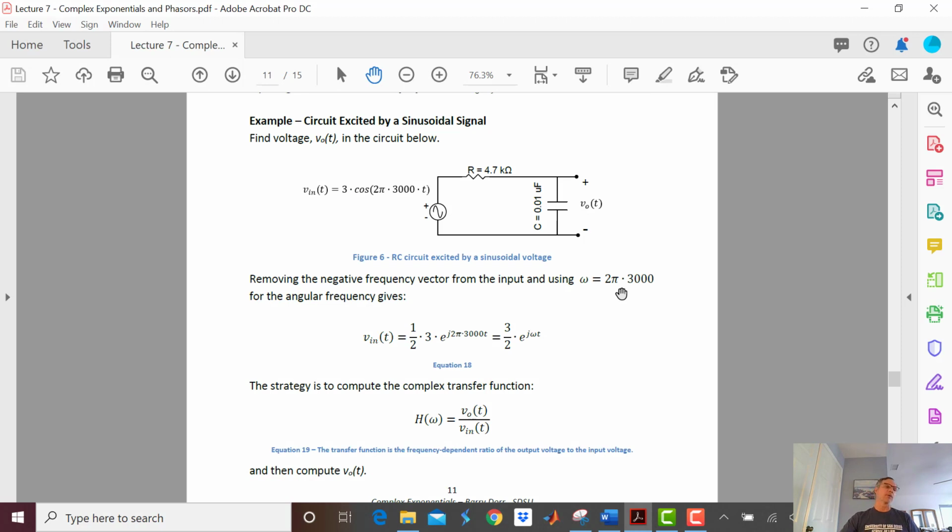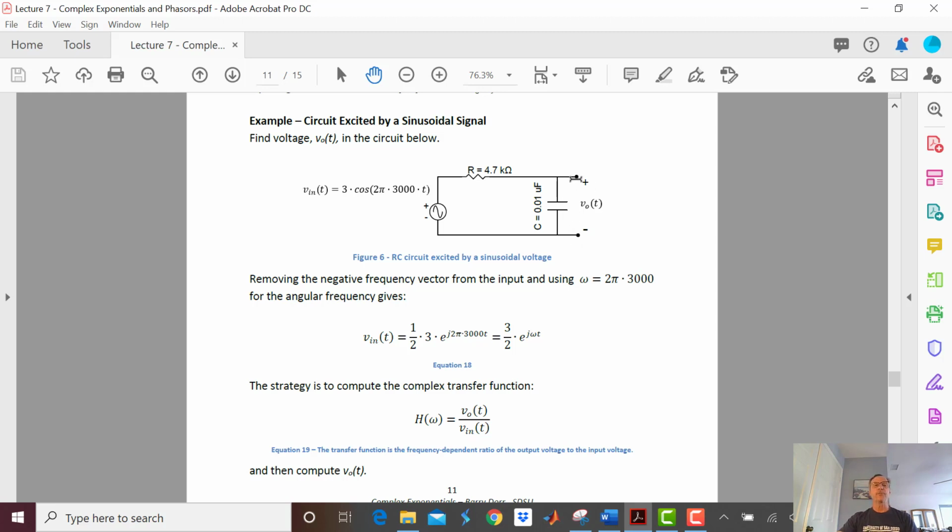So let's do an example. We're going to do a circuit excited by a sinusoidal signal. So Vin of t is equal to 3 times the cosine of 2 pi times 3000 t. Here's our input. Looks like we have a 4.7K resistor, and then we have a 0.01 microfarad capacitor, and here's our output.